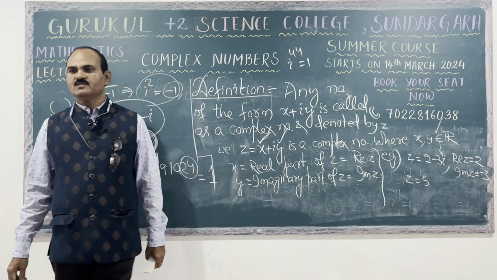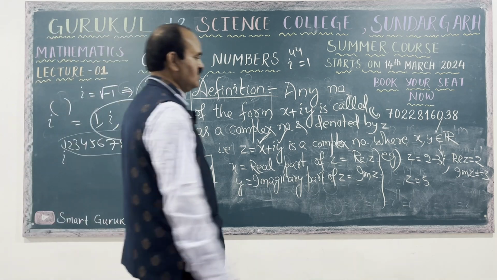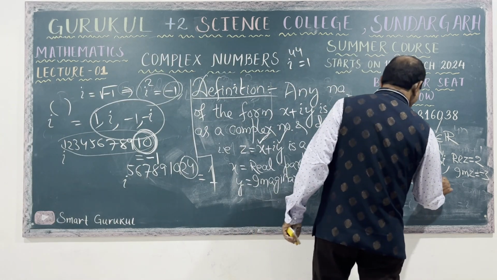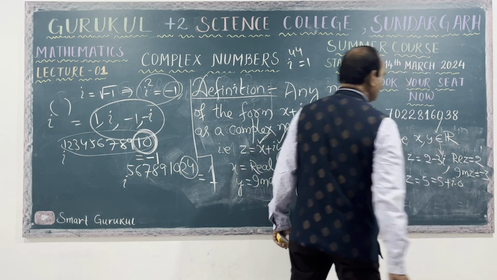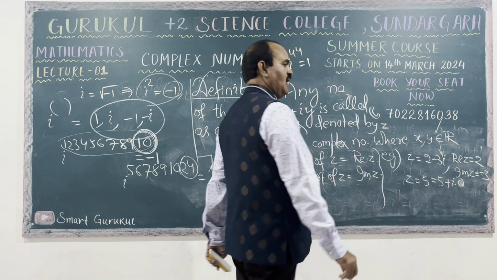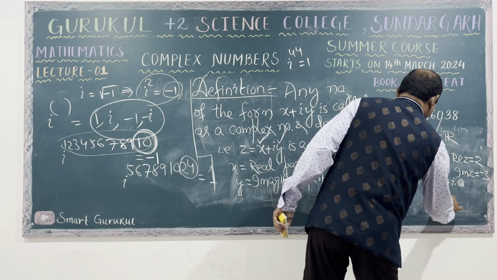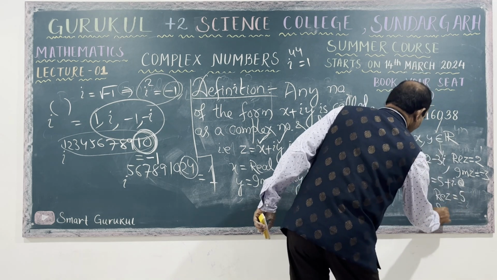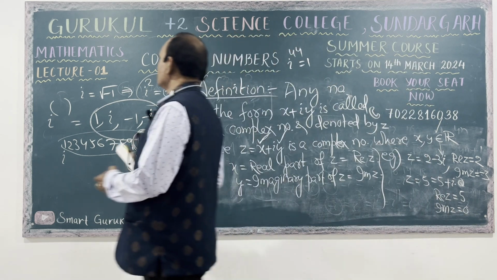You are thinking that this is not a complex number, but this is also a complex number because this 5 can also be written in the form of x plus iy, 5 plus i into 0. Here 5 is the real part of z, Re z is 5 and Im z is nothing, that is 0.